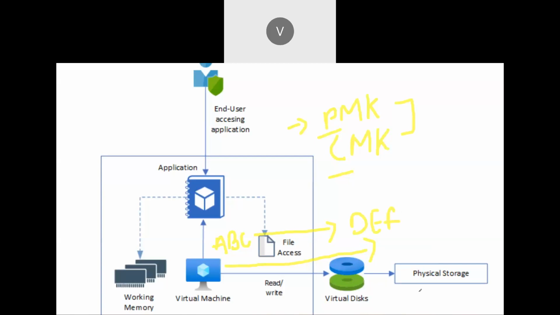This data, when it is stored in the physical storage, is what makes it server-side encryption. Whatever data is stored in the physical storage is encrypted first, and then stored in the main physical storage.